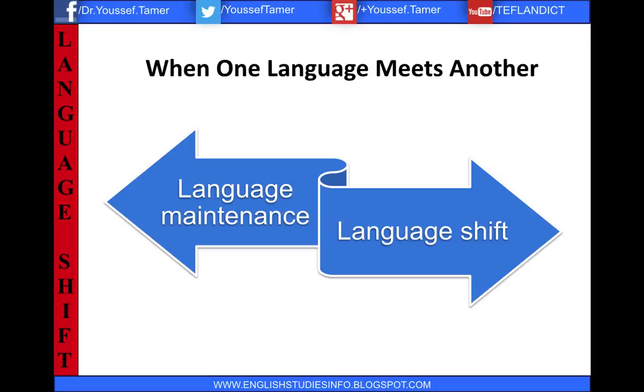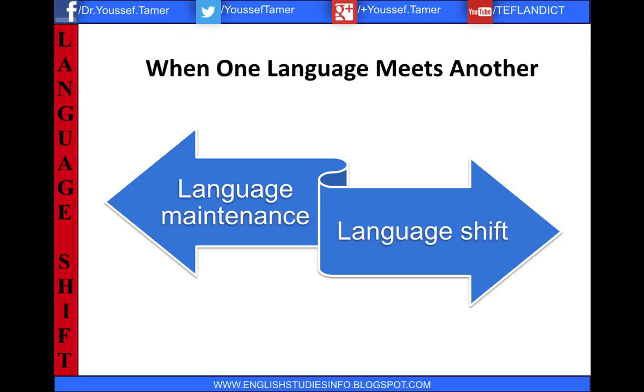Okay, so there it becomes like the question of Shakespeare in Hamlet, to be or not to be. That's the question that becomes the situation for those languages that are in contact. Okay, when one language meets another, we have these resulting situations of language shift, language maintenance, language revival, and so on and so forth. It happens in situations of language contact. When we mean language contact, we mean multilingualism, etc.